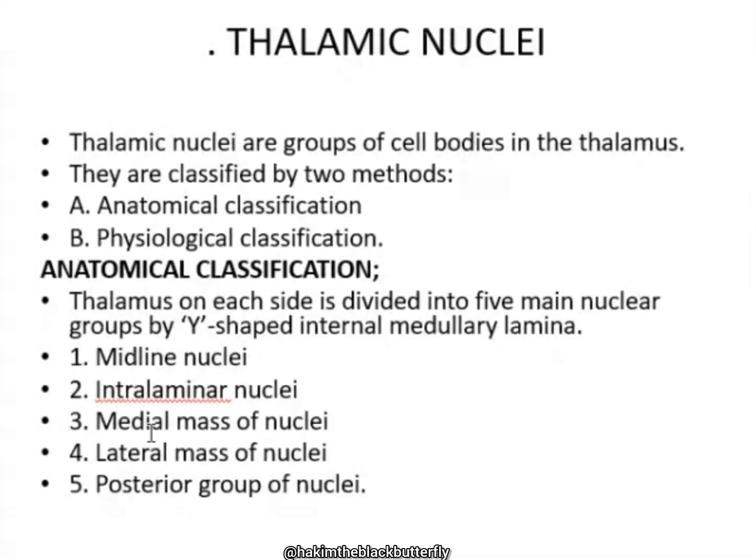When they say they are medial, they are medial to the lamina, near to the midline. When we say they are lateral, they are lateral to the lamina. When we say they are posterior, they are on the posterior aspect of the thalamus. Midline nuclei are the ones in the region of the intermediate mass.